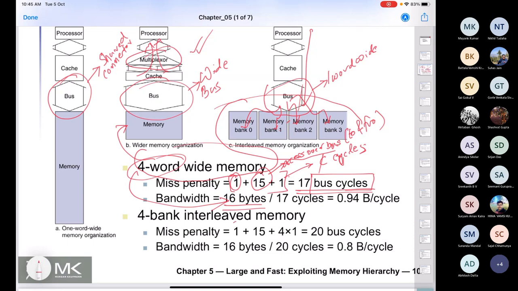You spend 1 clock cycle in missing, 15 clock cycles for the to-and-fro data transfer over this bus, controller and other delays, and then you take 1 clock cycle per word.